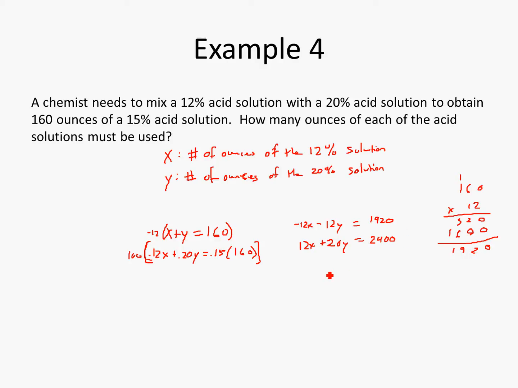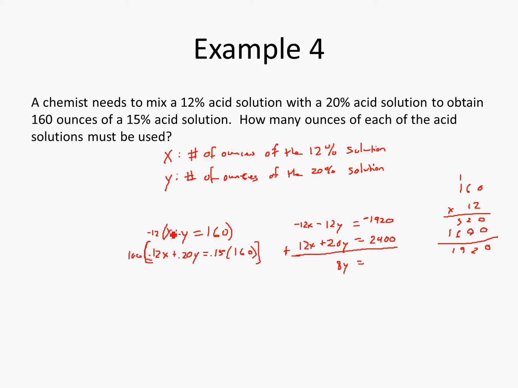Okay, so now if we take these two equations and add them together, this will become 8y, and then, wait, I think I forgot to multiply by a negative. Again, don't make the mistakes that I did.